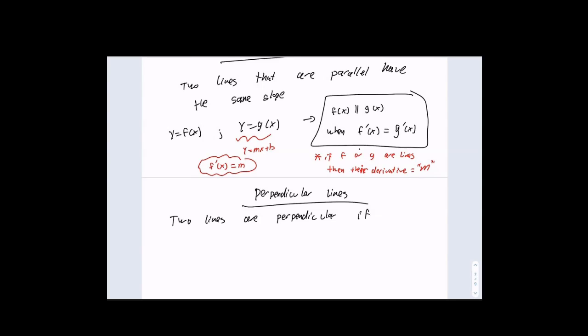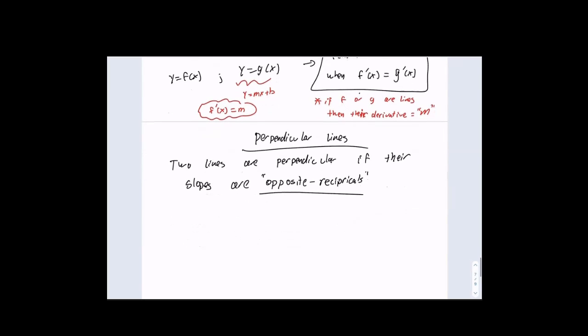The slopes are opposite or reciprocal? If their slopes are opposite reciprocals. Opposite meaning opposite sign. Reciprocal meaning that the flipping of what was in the numerator becomes the denominator.